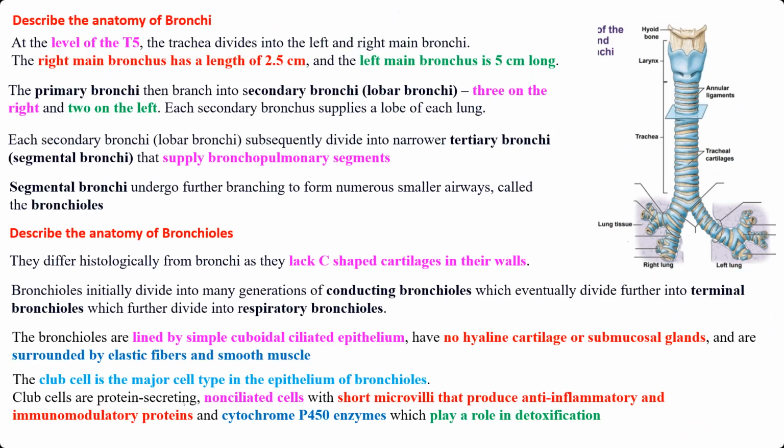These club cells are protein-secreting, non-ciliated cells with short microvilli that produce anti-inflammatory and immunomodulatory proteins and cytochrome P450 enzymes, and play a role in detoxification. We will see later the non-respiratory functions of the lung, which I showed you in the subdivision of physiology. So the detoxification function is done at this level.